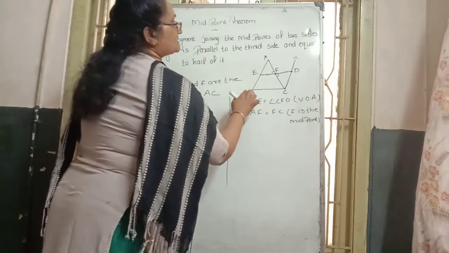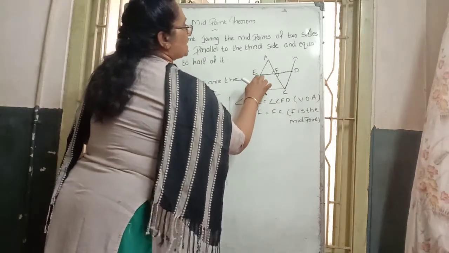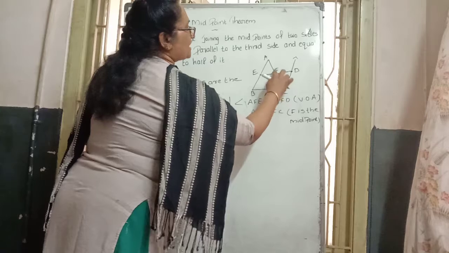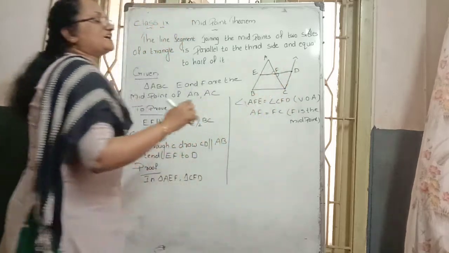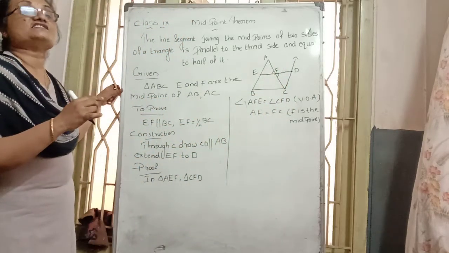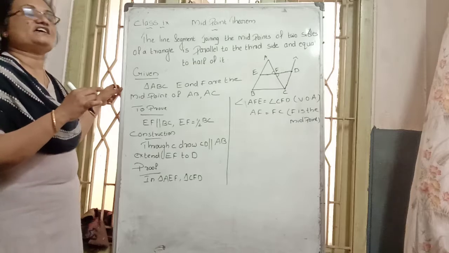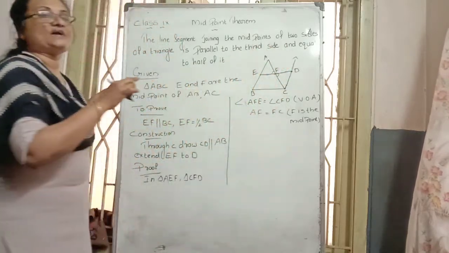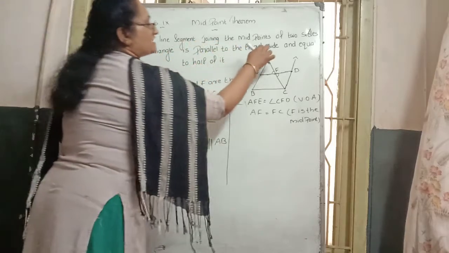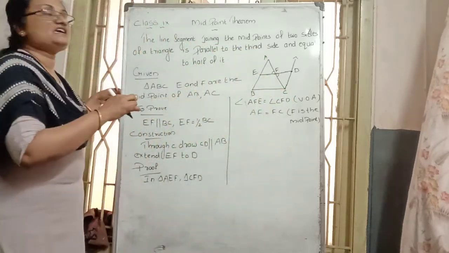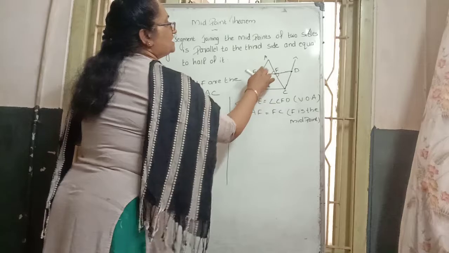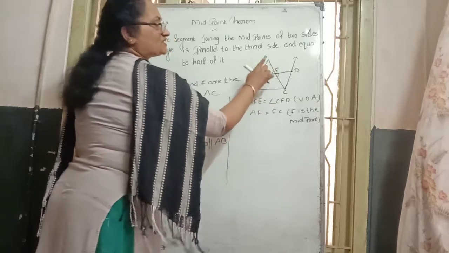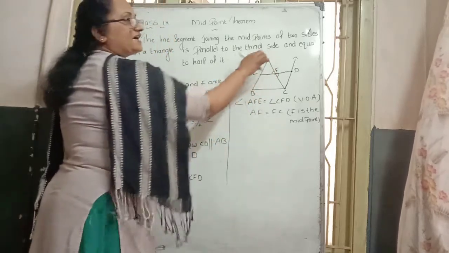Next, angle EAF and angle FCD are equal. What is the reason? They are alternate interior angles. AB and CD are parallel lines, cut by the transversal AC.